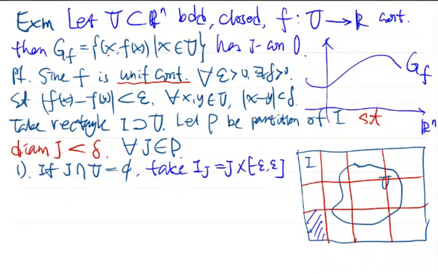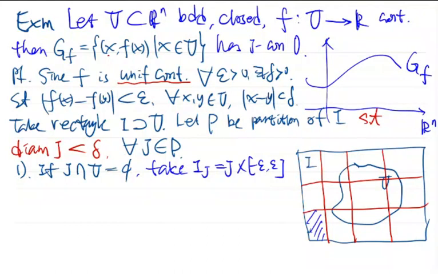So J is an n-dimensional rectangle, and the Cartesian product of J with a small interval [-epsilon, epsilon] is an (n+1)-dimensional rectangle. A lower dimensional rectangle Cartesian product with an interval gives you a higher dimensional rectangle. This is denoted by Ij.